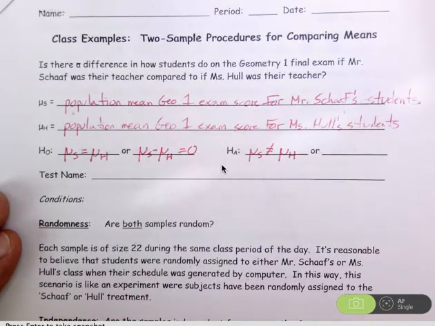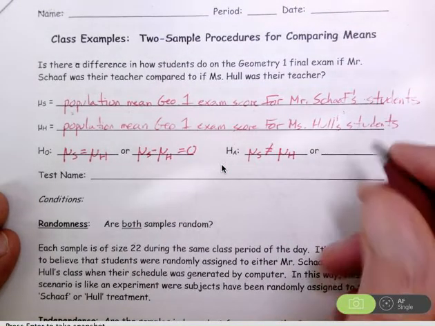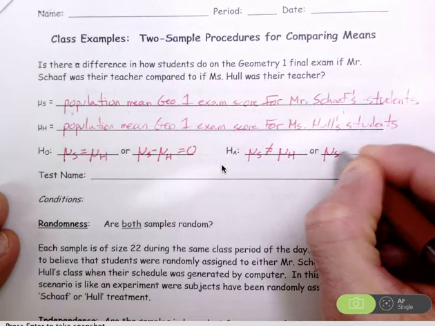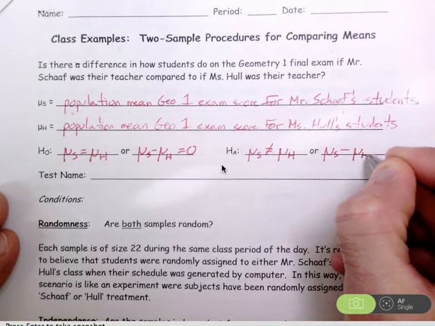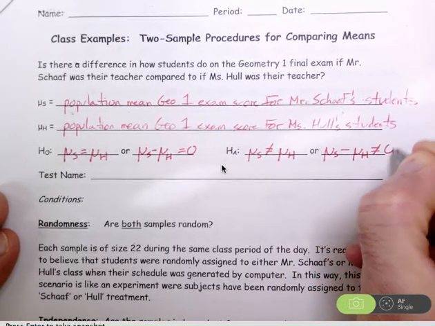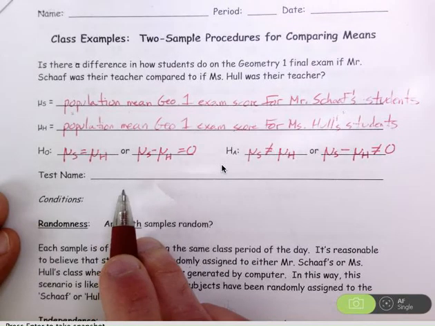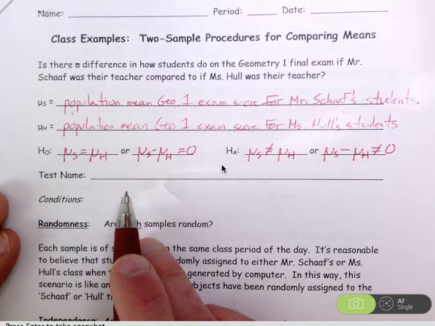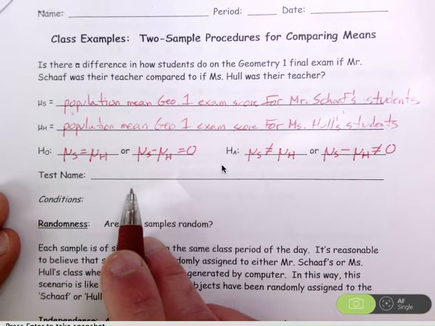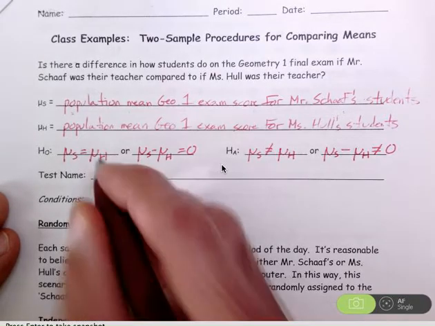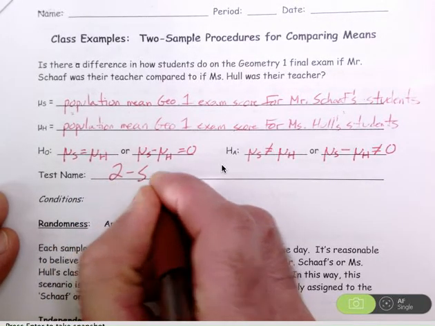That's another way to write the null hypothesis, versus the alternative, where the difference between the two population means is not equal to 0. So this involves means, so we're going to run a t-test, and shockingly, because there are two samples, we're going to call this a two-sample t-test.